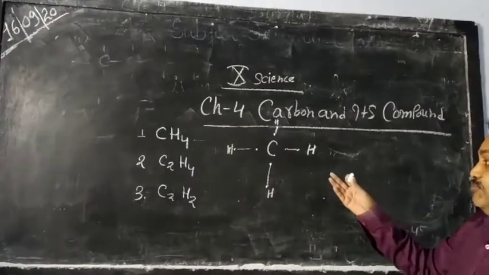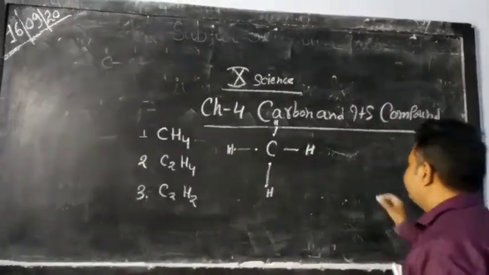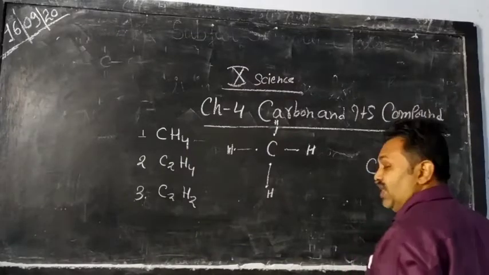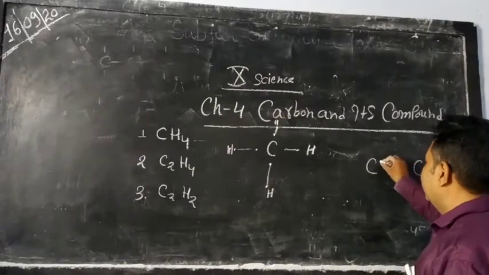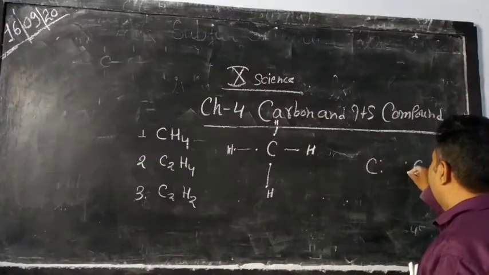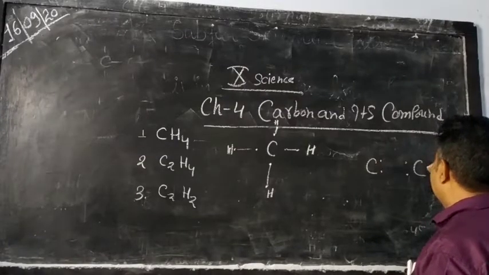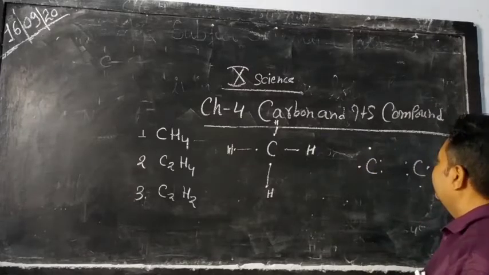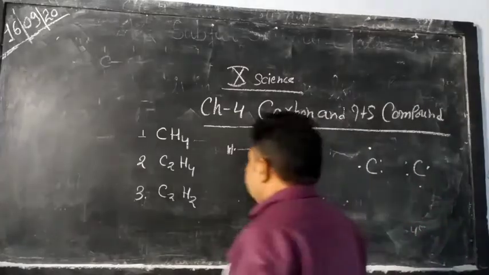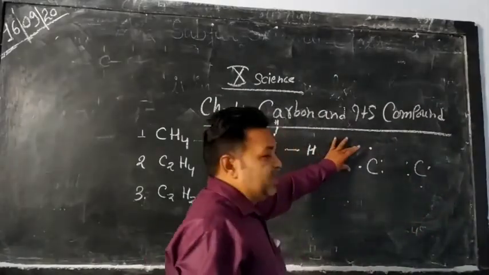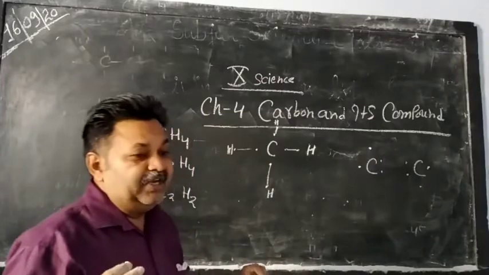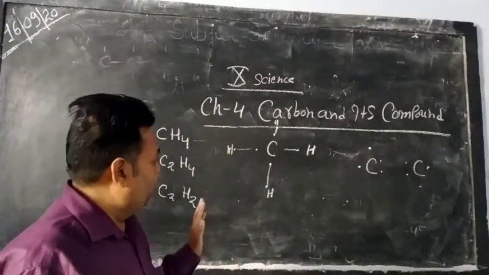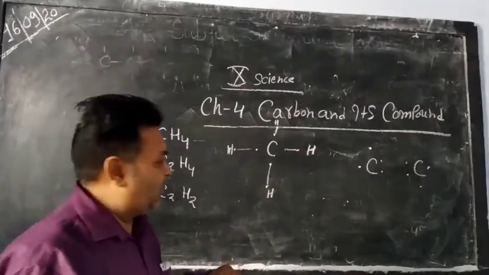Now our next example is C2H4, ethene. These are the 2 carbon. Each carbon has 4 electrons in its outermost shell. These 4 electrons combine with other elements to form covalent bonds and complete their octet.